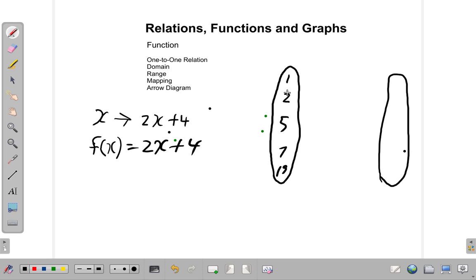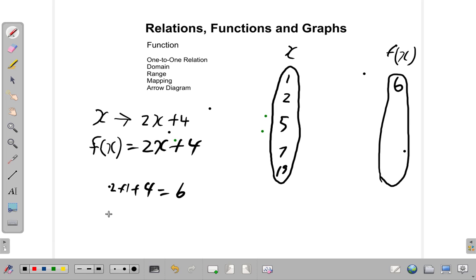Now, what would we have at the range? 2x plus 4 when x is 1. Remember, these are x and these are f of x. Domain, range. The range is f of x. When x is 1, 2 times 1 plus 4 is equal to 6. So we have 6 here.